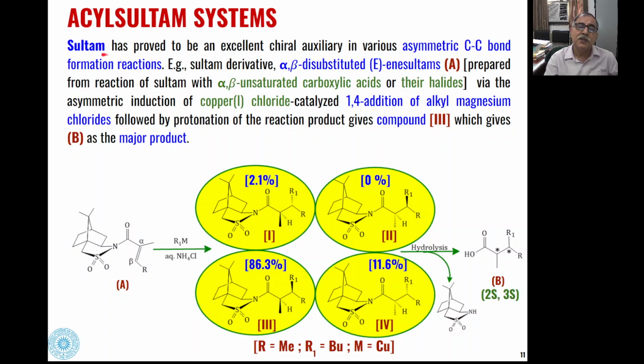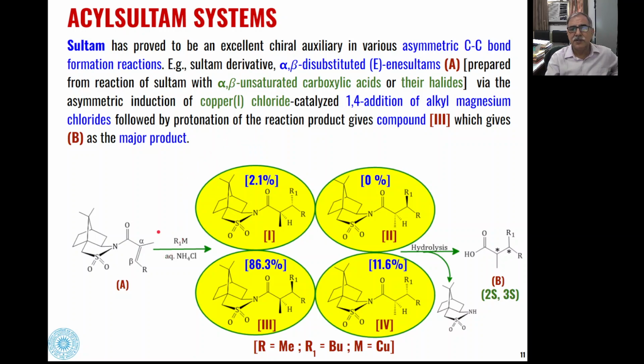For example, sultam can be used as an excellent chiral auxiliary for asymmetric carbon-carbon bond formation reactions like aldol condensation or other types of organic functional group transformations, where we can get different types of 1,4 addition reactions to give us optically active products, diastereomeric in nature.